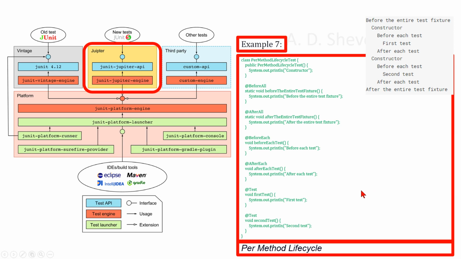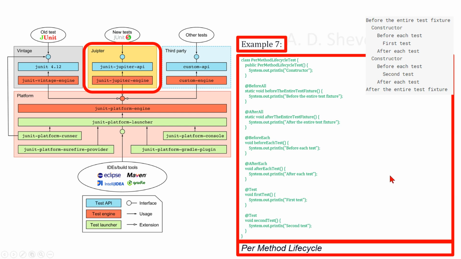Respectively, @BeforeEach and @AfterEach mean that the annotated method should be executed before and after each test method in the test class. If you have 10 test methods in the test class, BeforeEach and AfterEach will be executed 10 times, but BeforeAll and AfterAll only once.